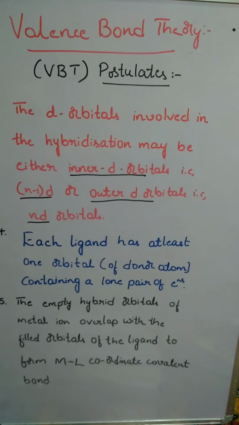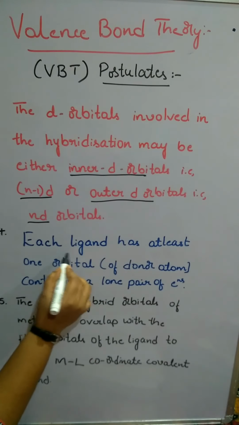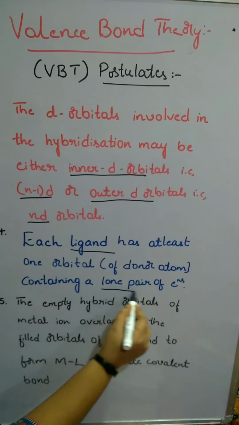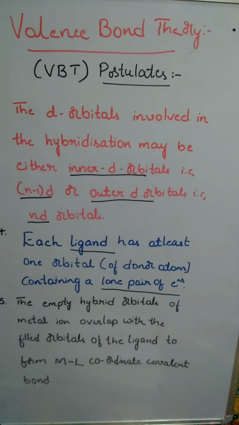We know that a ligand is going to donate a pair of electrons, so one orbital of the ligand will contain a lone pair of electrons.